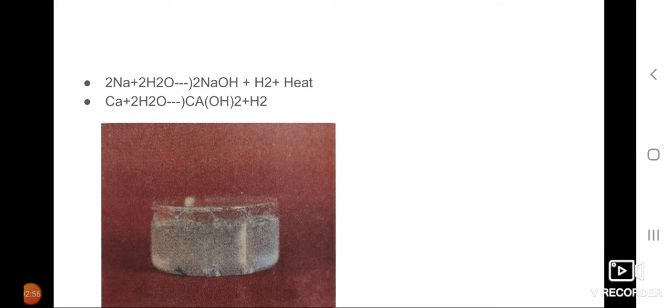So calcium can react with cold water and we get calcium hydroxide, Ca(OH)2, plus hydrogen gas. Now see in this picture, the calcium metal bubbles and fizzes in water to form calcium hydroxide solution and hydrogen gas. Much less heat is produced in this reaction, due to which the hydrogen gas formed does not catch fire and burn.